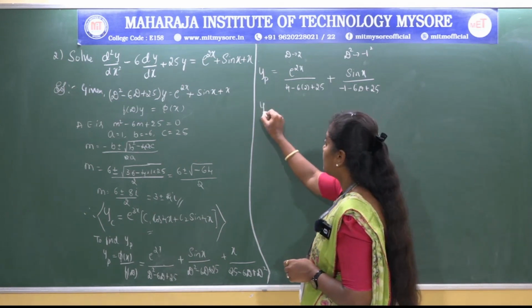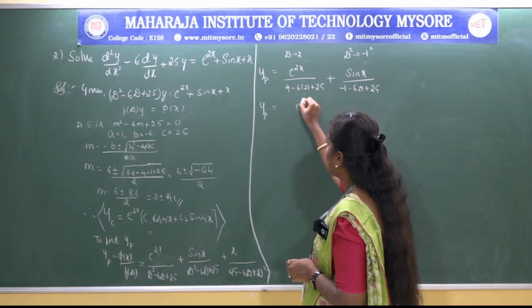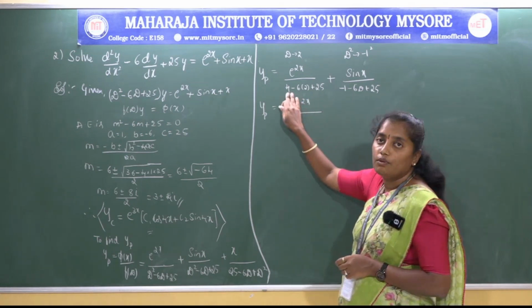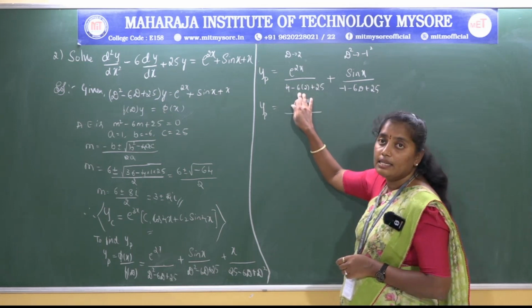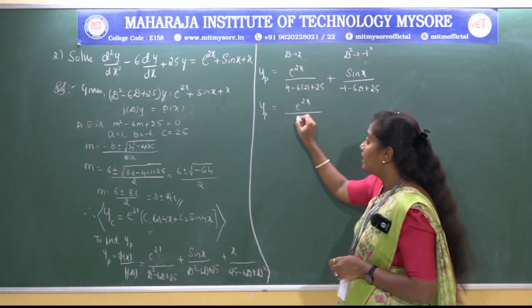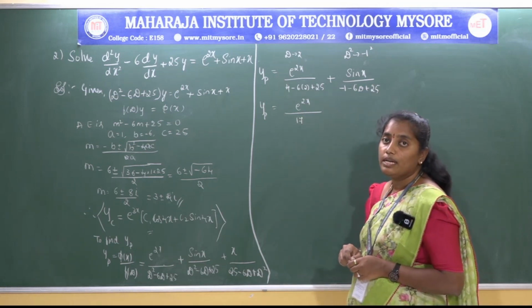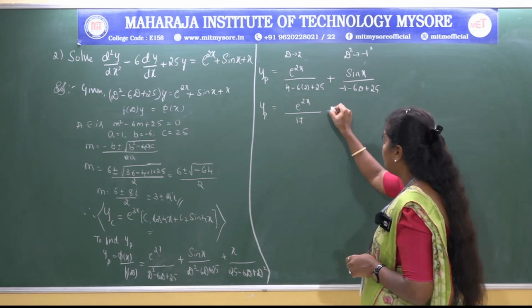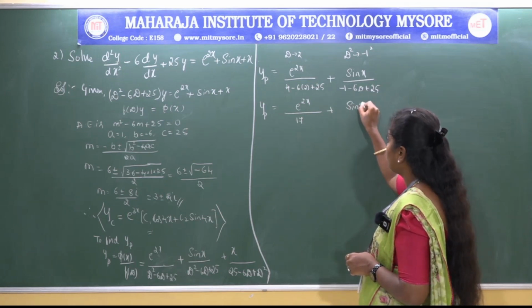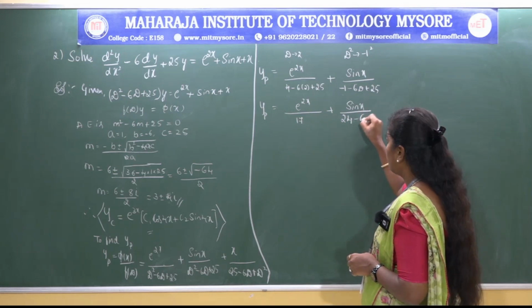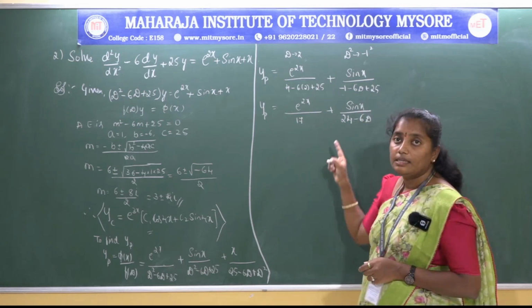Next, yp is equal to, in the first term, e power of 2x divided by 25 plus 4 is 29, minus 12. 29 minus 12 is 17. The value of the first term is e power of 2x divided by 17, plus sin x divided by minus 1 plus 25, that is plus 24, minus 6d. Here the d term exists.